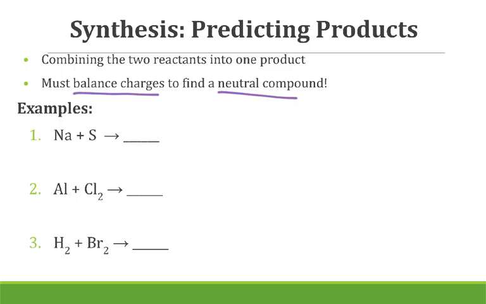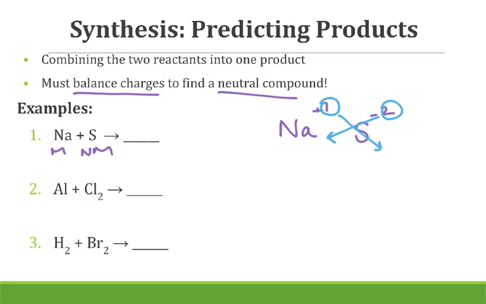So Na plus S, sodium is a metal, sulfur is a nonmetal. So we're going to have sodium. I'm going to my periodic table and looking, and sodium has a +1 charge. Sulfur, going to my periodic table, has a -2 charge. So I'm going to drop and switch, drop the signs, switch what element it's on.